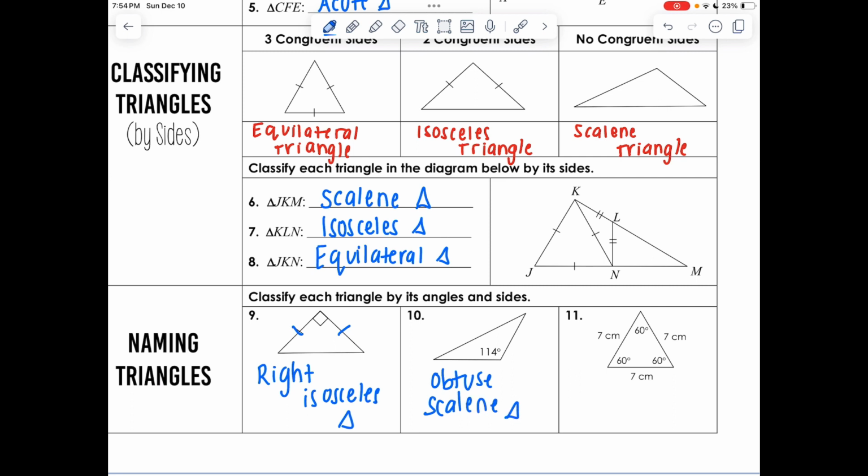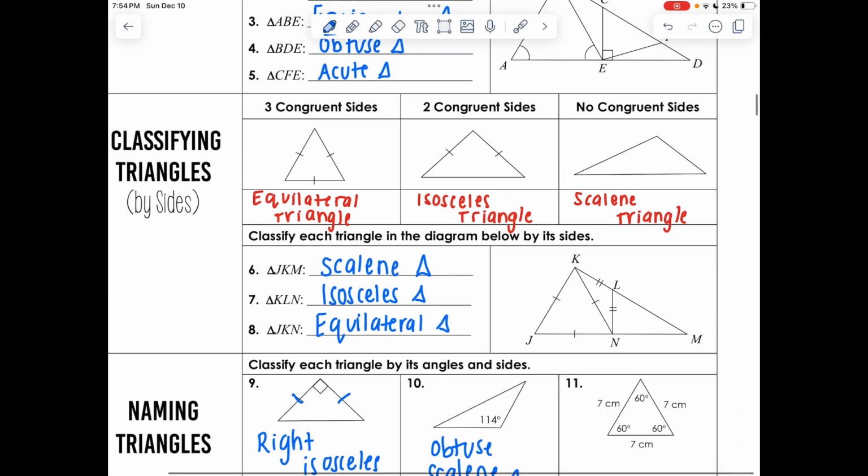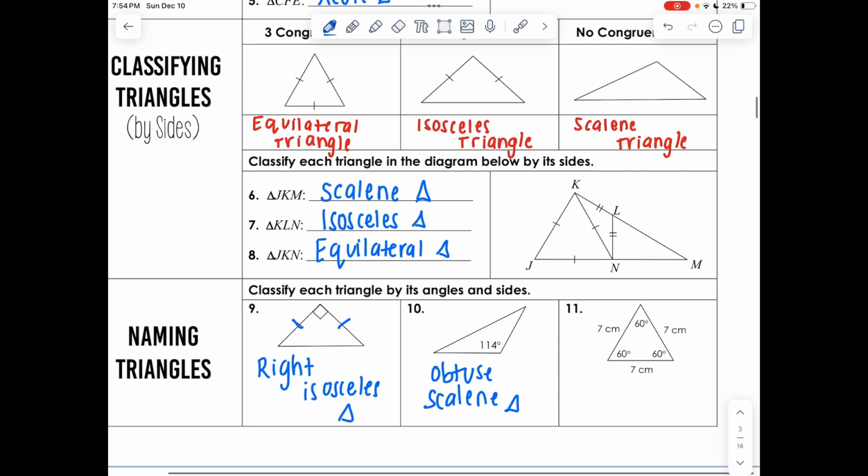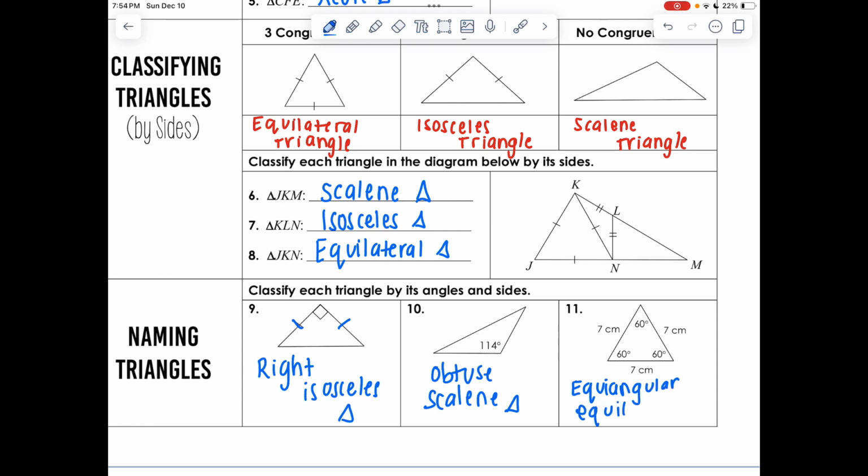And then here, all the sides and all of the angles are congruent, so it's going to be an equiangular equilateral triangle. Whoever comes up with these names, I have no idea.